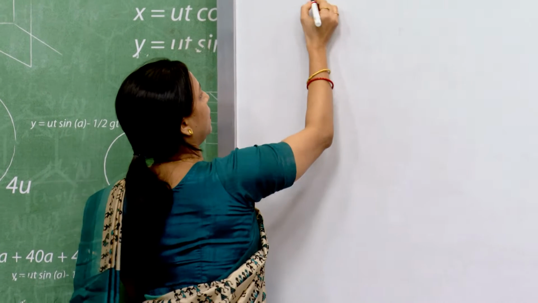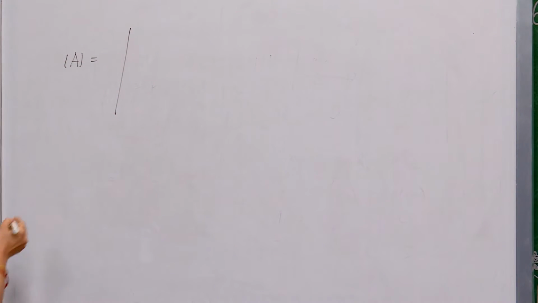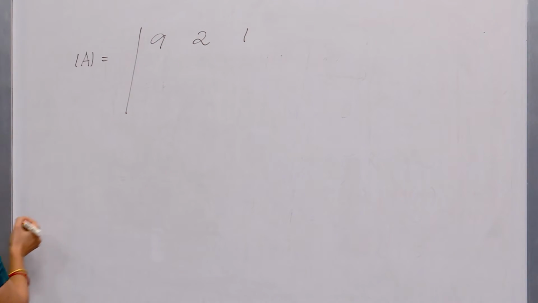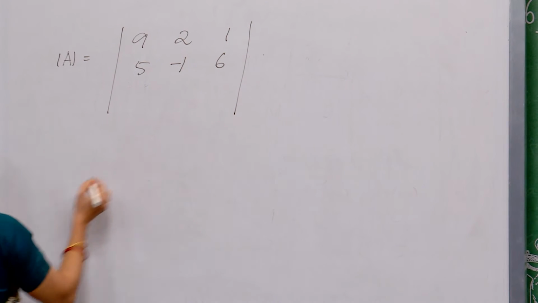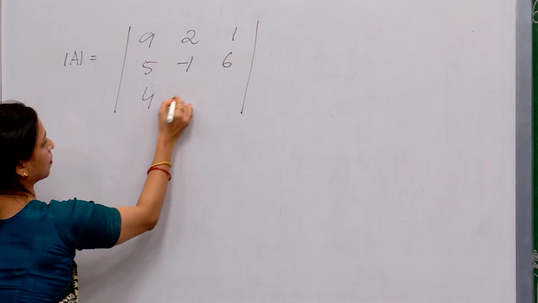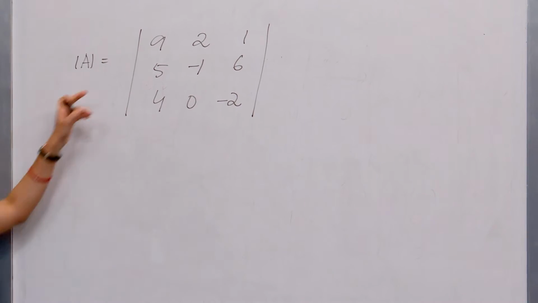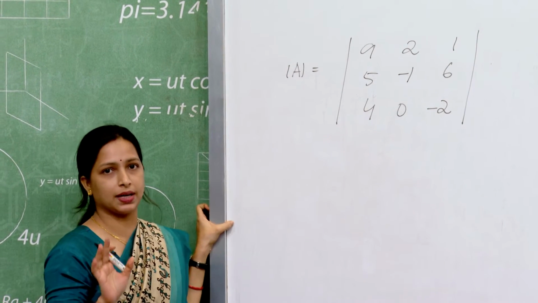Let us take an example. Okay. So, this is the determinant. Now, there are 9 elements.